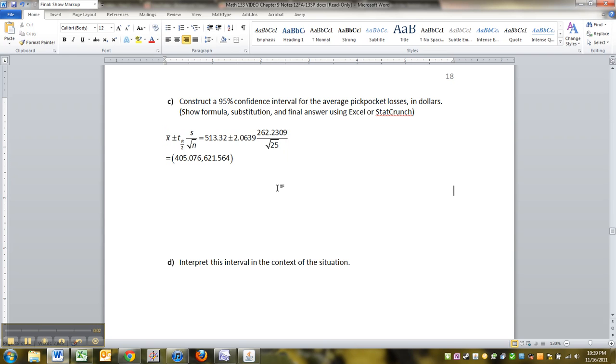Alright, so we found this confidence interval for the mean using the t-distribution. Now they want us to interpret that in the context of the situation.